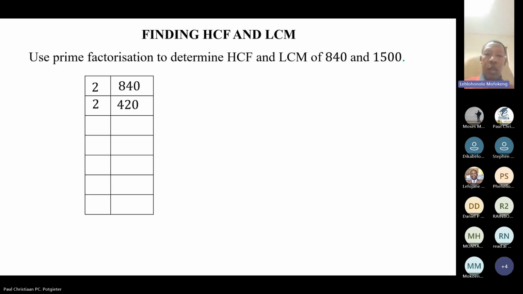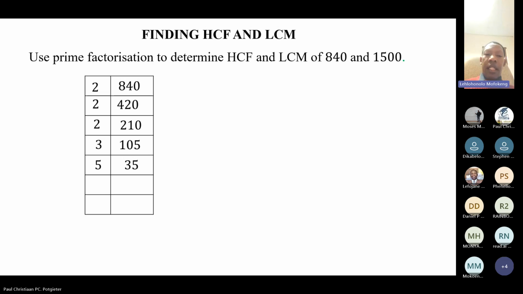840 divided by 2 will be 420. 420 divided by 2 will be 210. 210 divided by 2 will be 105. And now we cannot divide 105 by 2 because it will leave a remainder. We divide 105 by 3 as the next prime number, and we will get 35.